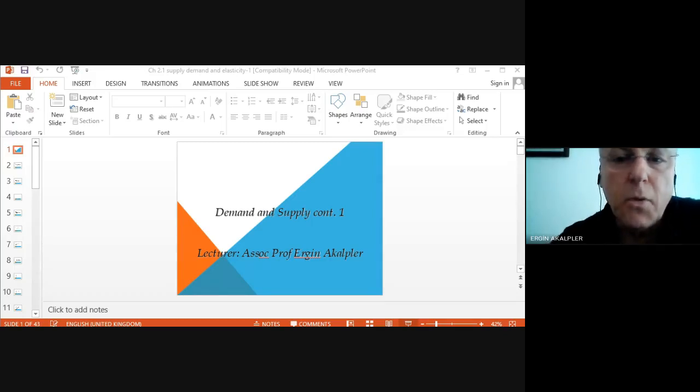The supply curve plots the aggregate quantity of a good that will be offered for sale at different prices. Quantity is a function of the price, as you know, in the supply curve. The supply curve for wheat for the Canadian market is given here, and it is supposed to be a linear equation.